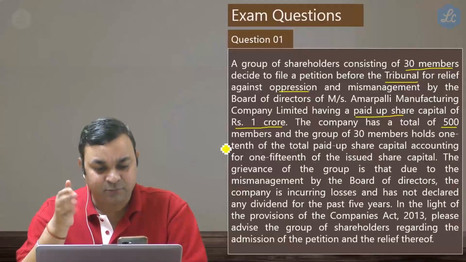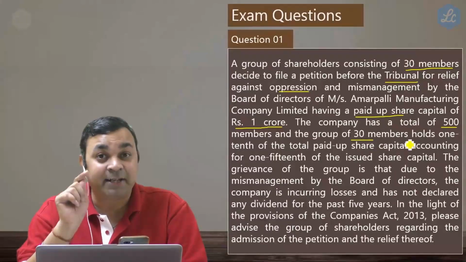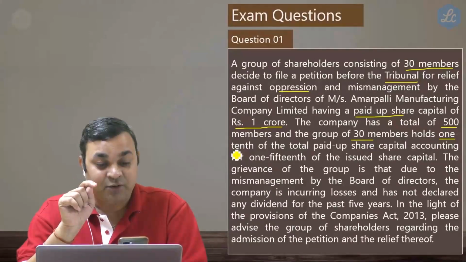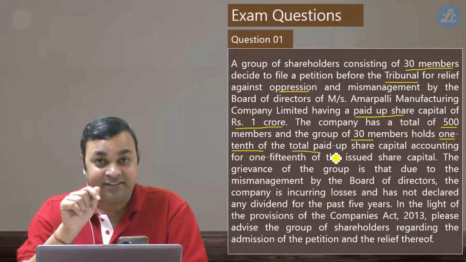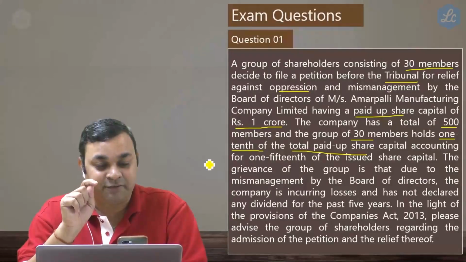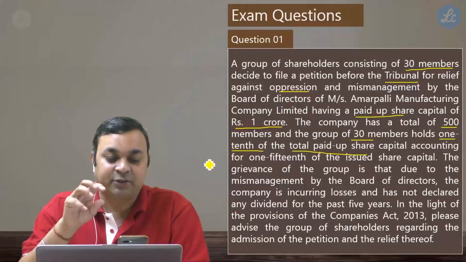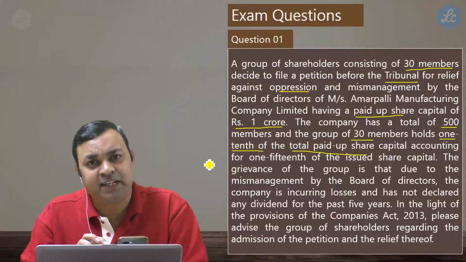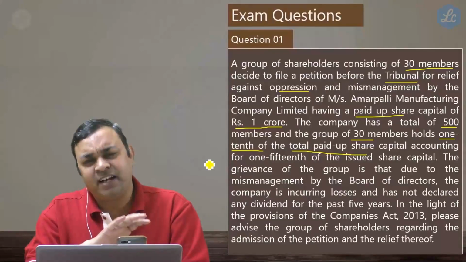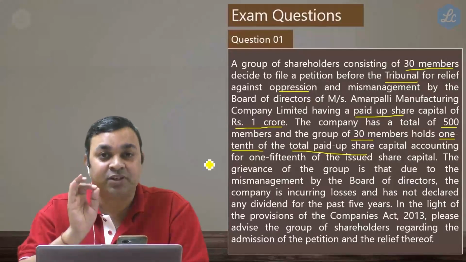Okay, let's move forward. The group of 30 members hold 1/10 of the total, and they have used the words paid up share capital. Remember one thing, we need to consider the issued share capital. They are holding 1/10 of the paid up capital, but it means they are holding 1/5 of the issued share capital.